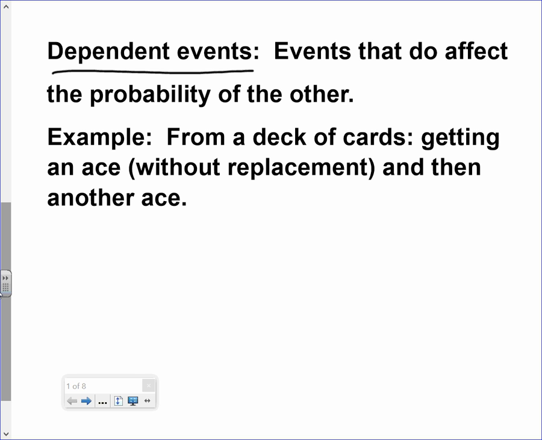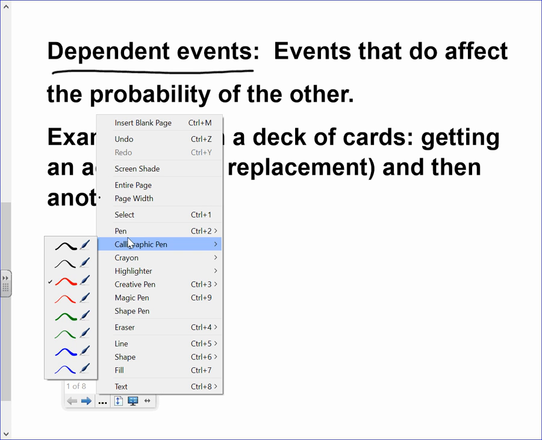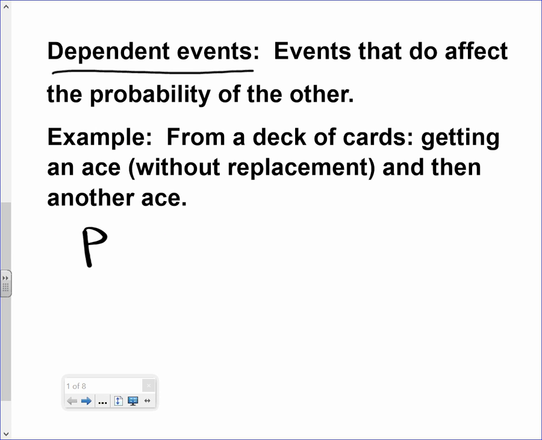Write this down with me underneath this. The probability of getting an ace and another ace. I'll put a sub 1 and a sub 2: the first ace and the second ace.